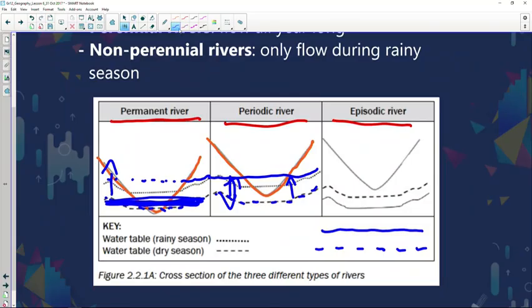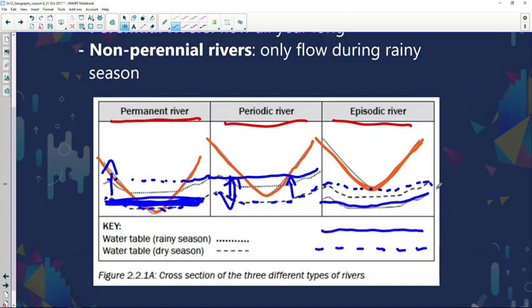As you can see over there, during dry season, the water table is well below the riverbed. And then during rainy season, the area receives an extensive amount of rain. The water level will rise. But it won't rise enough to have enough water to keep on flowing.